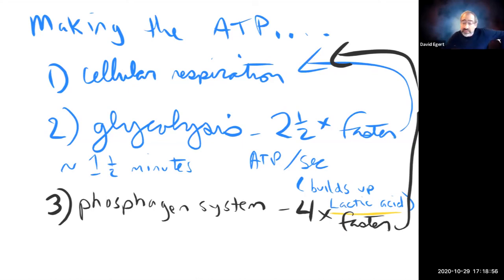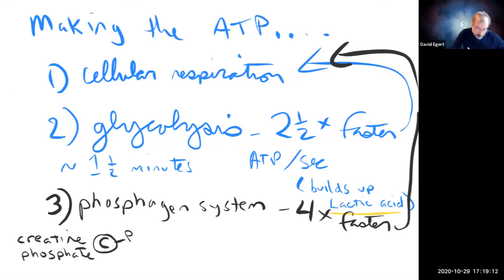And the basic idea here is you have this molecule called creatine phosphate, which I'm just going to draw as a C with a little phosphate on it. So you've got creatine phosphate sitting in the muscle.